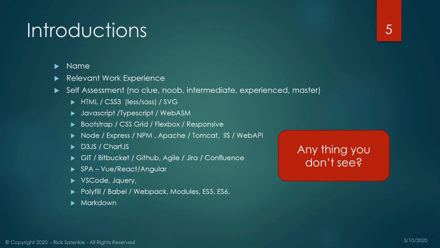The next line, Node, Express, NPM, Apache, Tomcat, IIS, Web API, those are just ways of getting the web page off the back-end server and off toward your client. I'm not going to go into detail right now, we're going to go into that deeper in a later class, but have you heard of Apache? That's relatively common. That was like the big server.